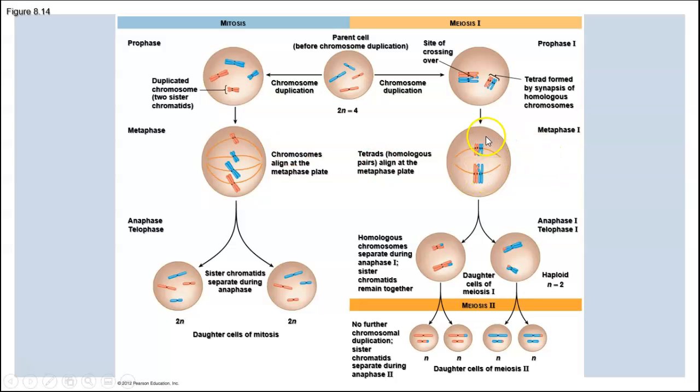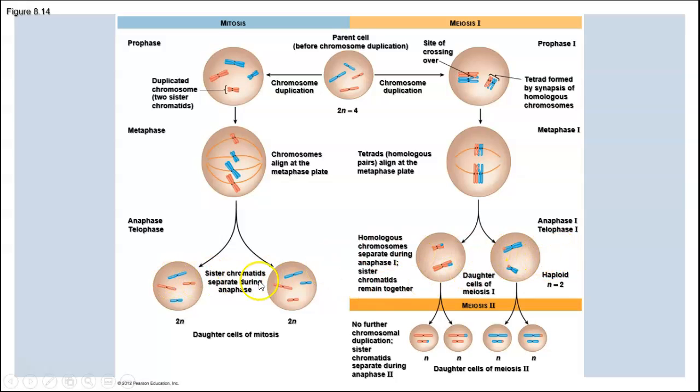In metaphase 1, the tetrads line up at the metaphase plate, whereas in metaphase of mitosis, the chromosomes align separately at the metaphase plate. In meiosis, we're going to separate the homologous chromosomes from each other during anaphase 1, whereas in anaphase of mitosis, we're separating the chromatids from each other.